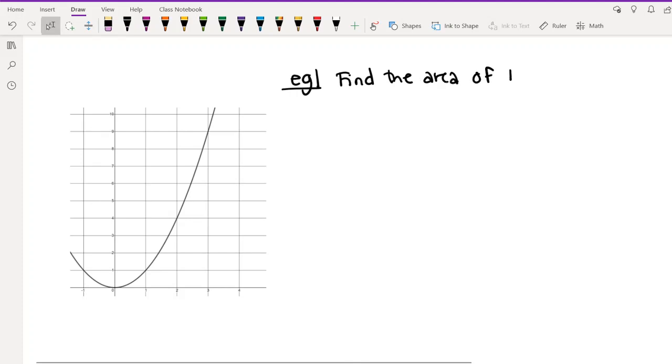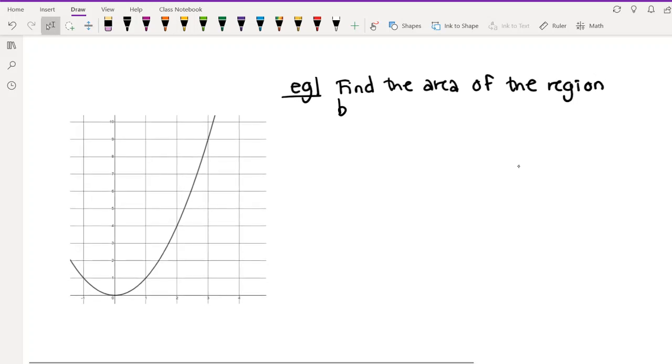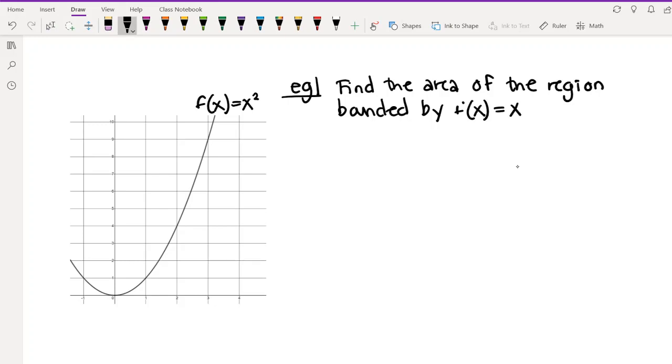area of the region bounded by, so this function here is now f of x is equal to x squared. And we're also going to be bounding it by the x-axis.